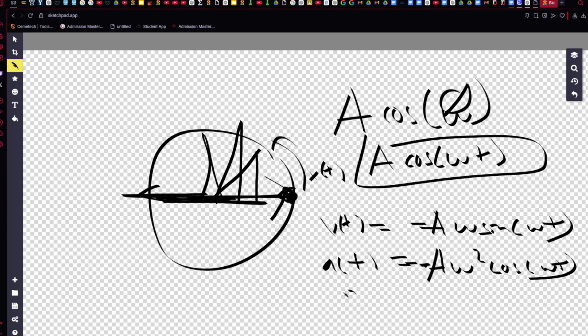And this means that the maximum acceleration is equal to Aω², because cos ωt's max is 1. So the greatest acceleration you could have is Aω², which is going to be at the center, because that's when cos ωt is equal to 1. That's all.